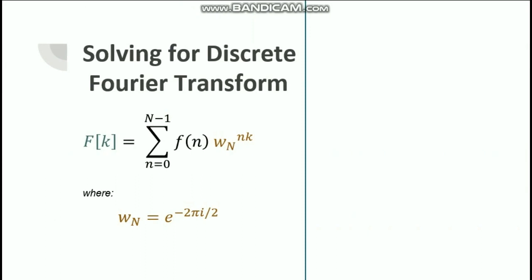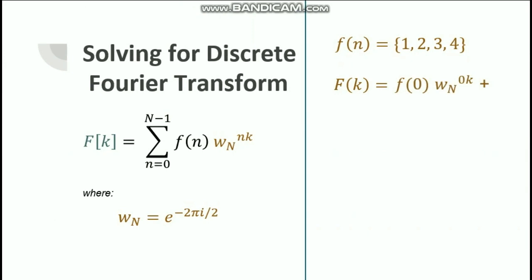So let us try solving the DFT for some values of f of n. Let's assume that we have an f of n function which has the elements 1, 2, 3, and 4. So to get the Fourier coefficients, or the F of k, we need to get f of 0 times omega n raised to 0 times k. Next, f of 1 times omega of n raised to 1 times k.